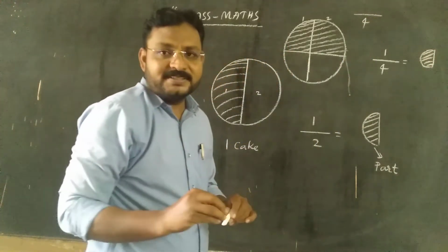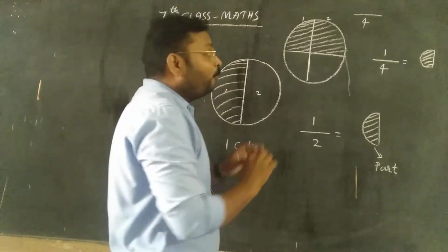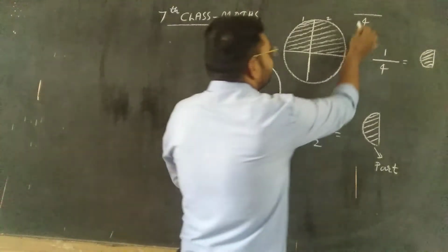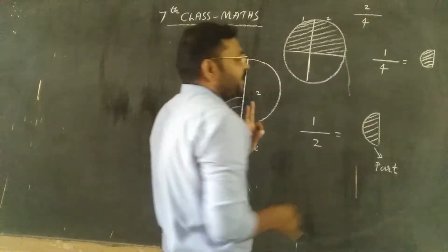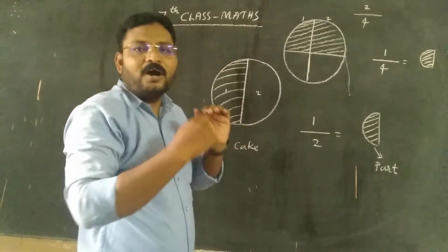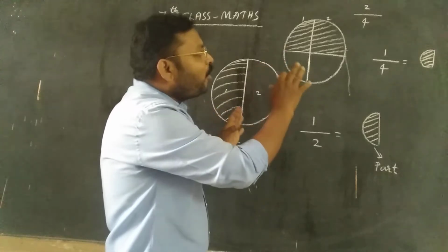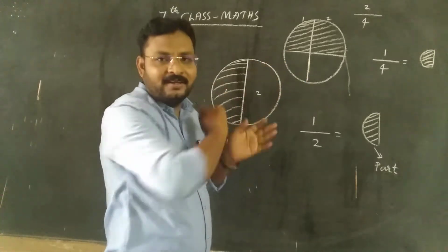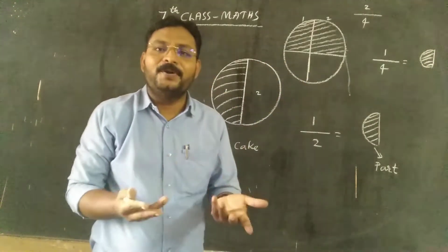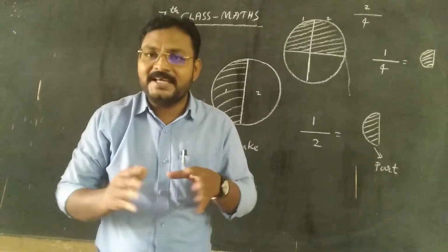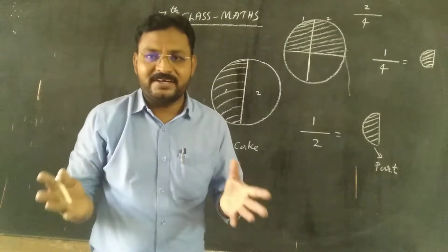Total number of parts is equal to 4. How many parts did we shade here? 2 parts we shaded. So 2 is written above the cross line. So these are the parts of a whole. Part of a whole is called a fraction.